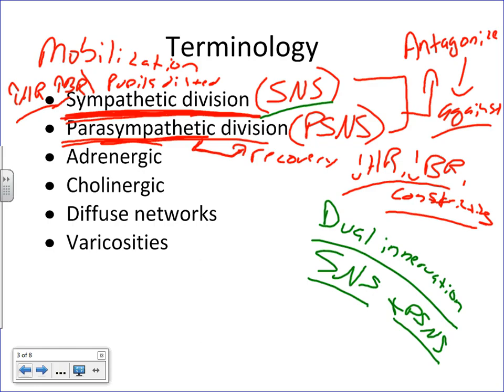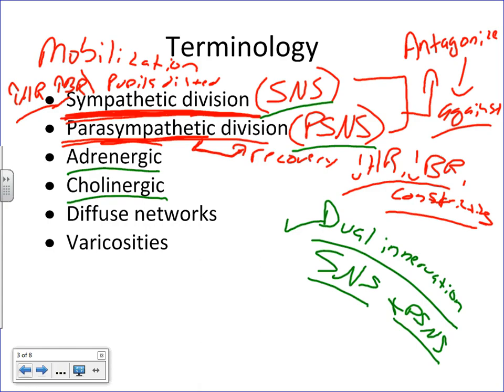And then when it's time to recover, the parasympathetic nervous system is going to take control. I'll talk more about how this is controlled in another video, but this is something to think about: the concept of dual innervation, that the sympathetic and parasympathetic nervous systems innervate the same organs. There are exceptions to this, but I'll go over those later on. And then the words adrenergic and cholinergic.